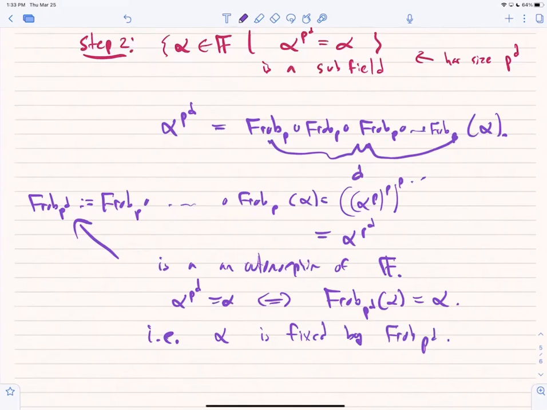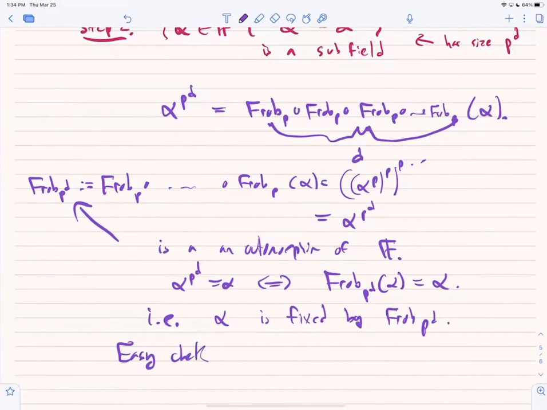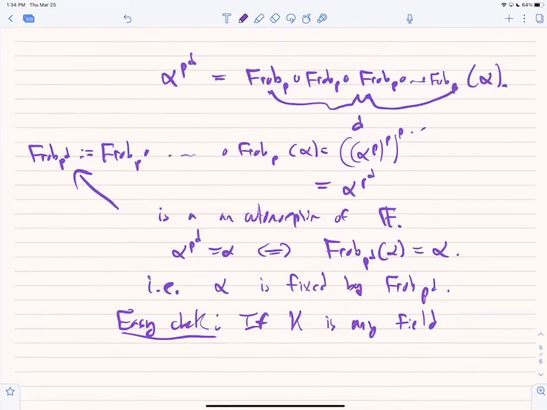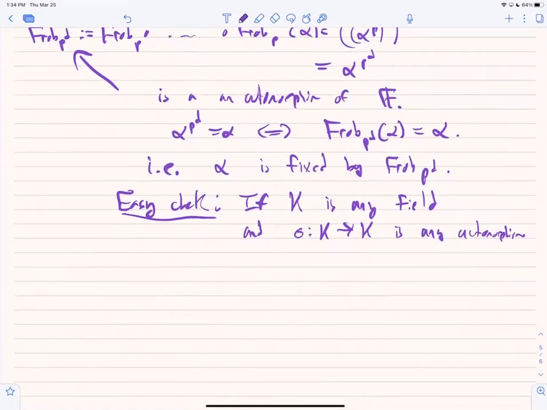Okay, and now, an easy check. If K is any field, and sigma from K to K is any automorphism, which just means it's a bijective ring homomorphism from itself to itself, then the subset of elements little k in K such that sigma of little k is equal to little k, the subset of things fixed by this automorphism, is a subfield.